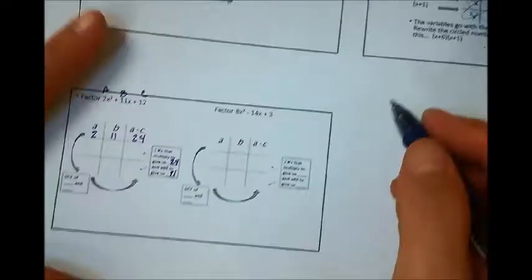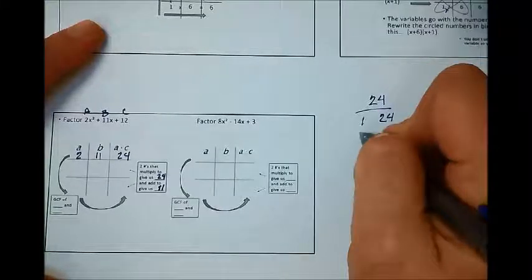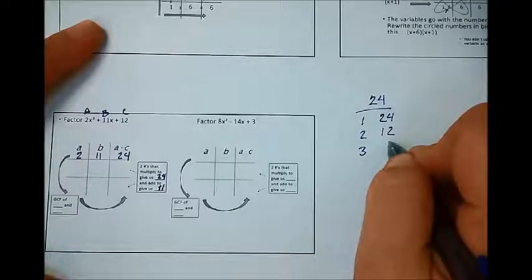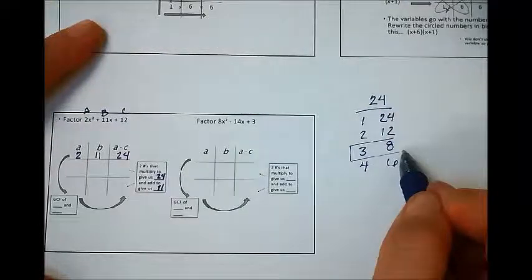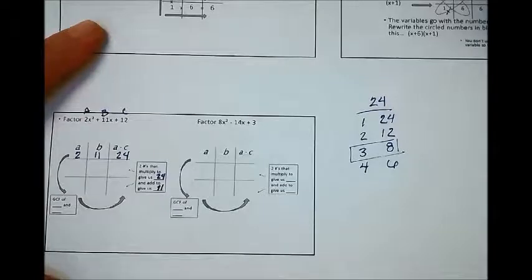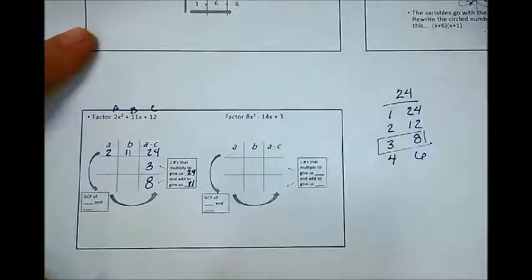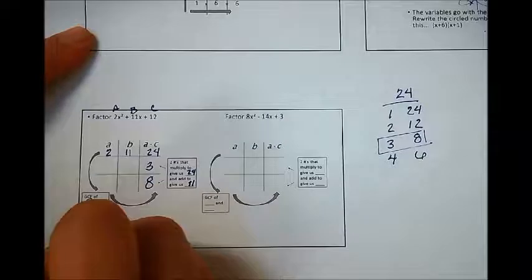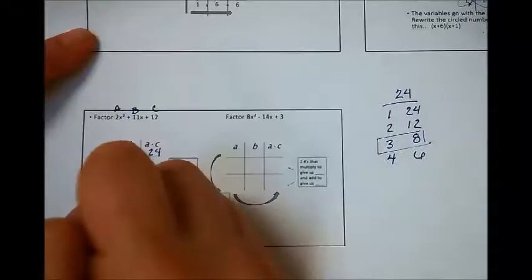Nothing is coming off the top of my head, so we say 24 is 1 times 24, or 2 times 12, or 3 times 8, or 4 times 6. Okay, 3 times 8 will give me 24. So I'm just going to put those right in there, in whichever order I feel like it. And then I say, now I need the greatest common factor of 2 and 8. Greatest common factor is something that goes into both 2 and 8. So it's going to be 2.